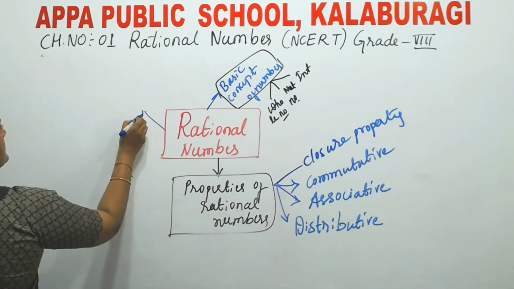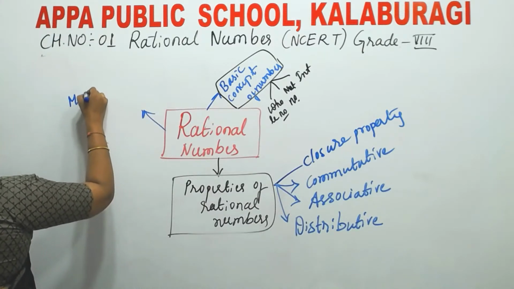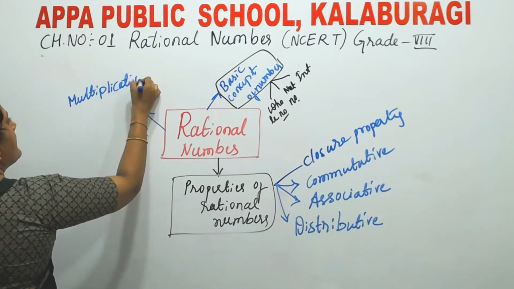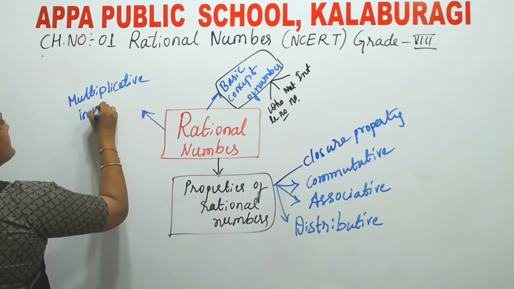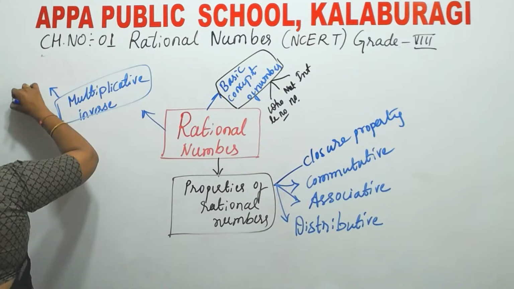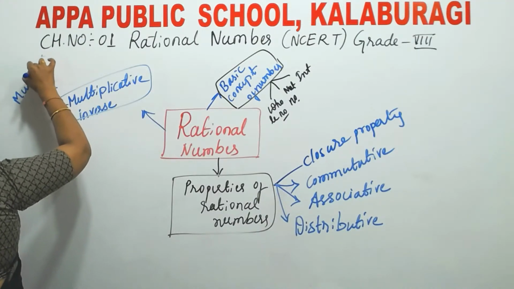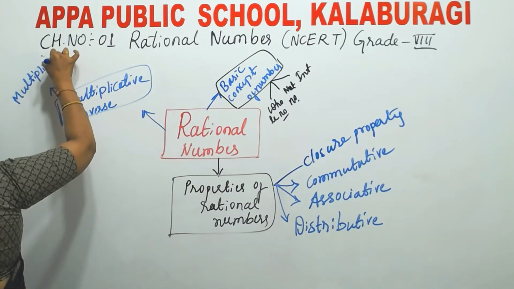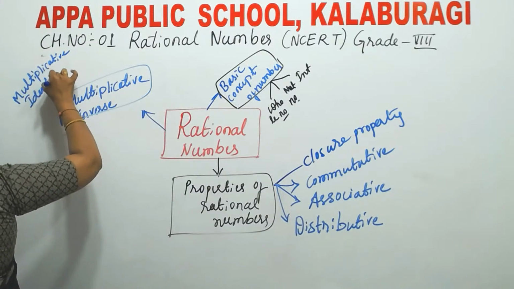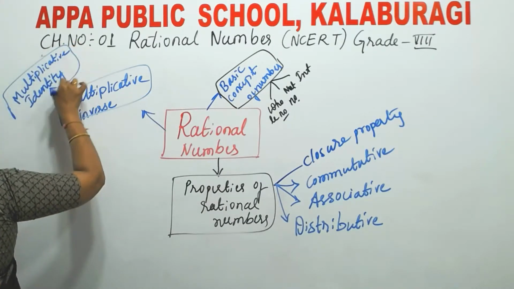Then we learned multiplicative inverse, and in this we have learned multiplicative identity, right? Yes, we have learned this also.